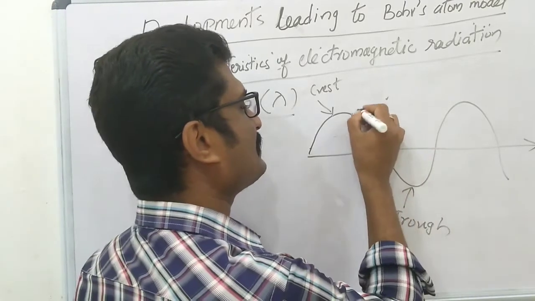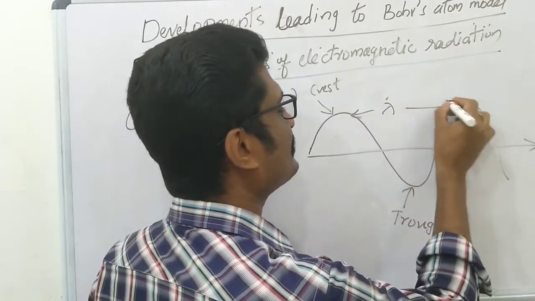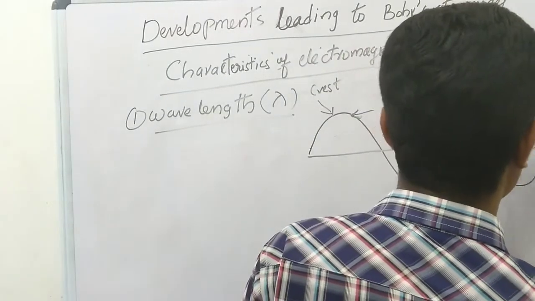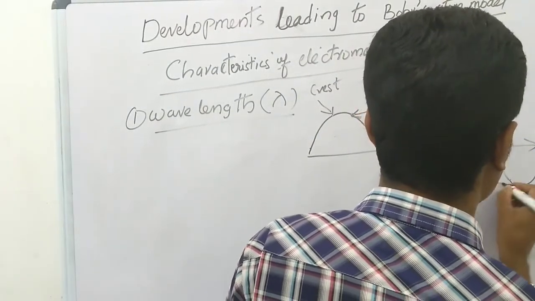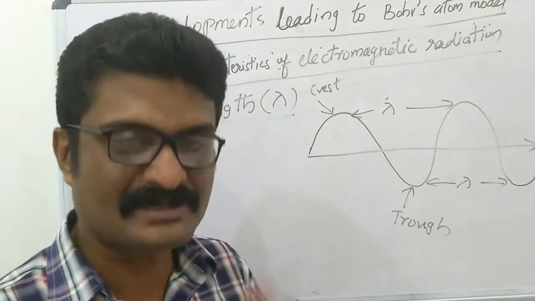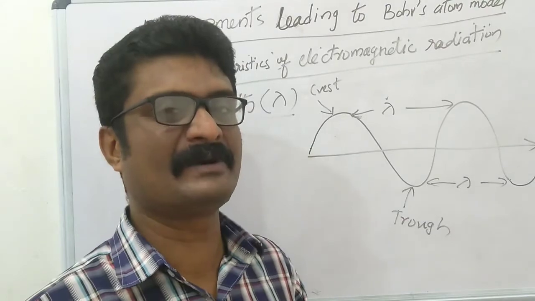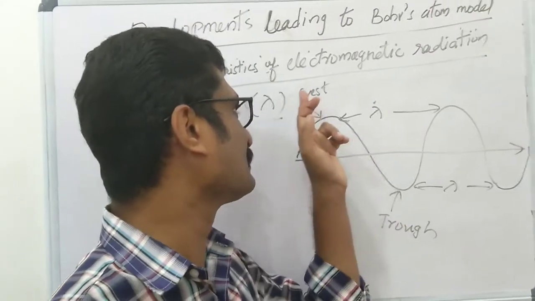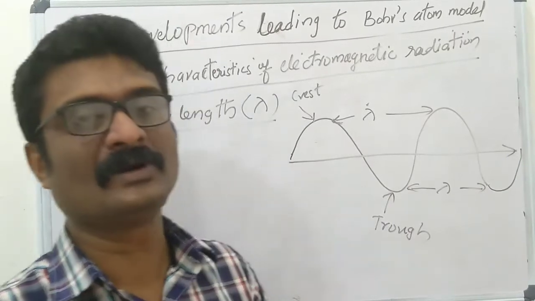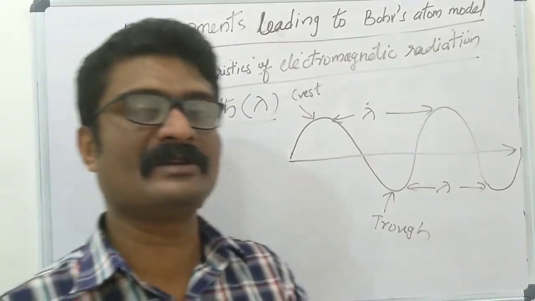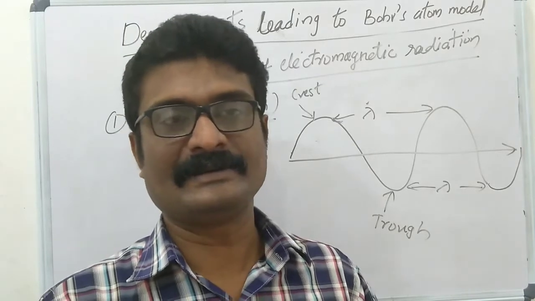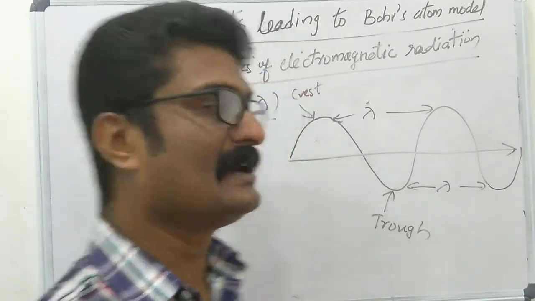Wavelength of a wave is the distance between two neighboring crests or troughs of a wave, and it is expressed in Angstrom unit.